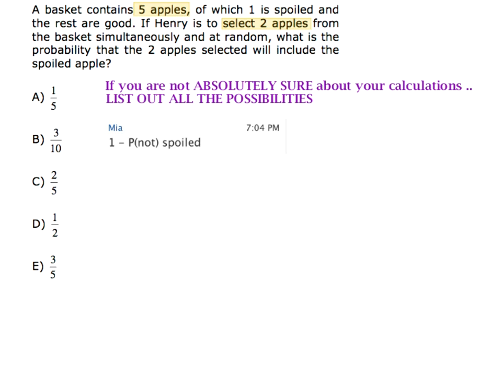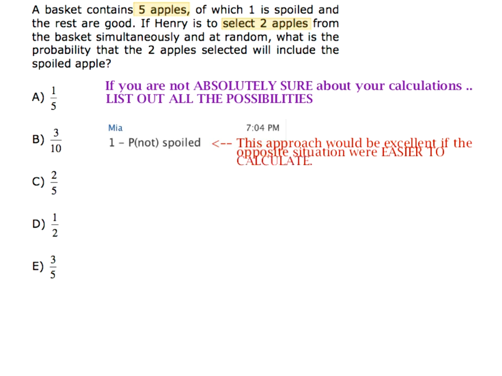This approach would be excellent if the opposite situation were easier to calculate, then this would be great. But it's not. In this situation, the opposite situation is pretty much the same type of thing.